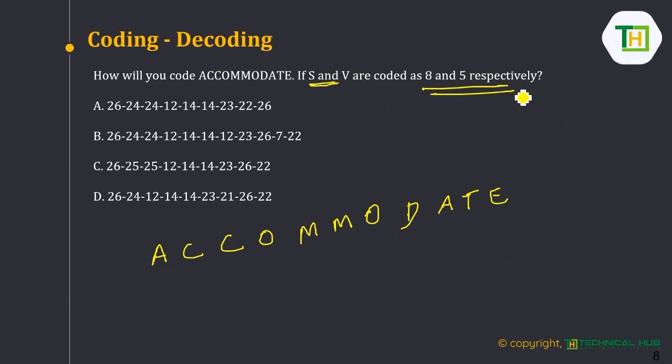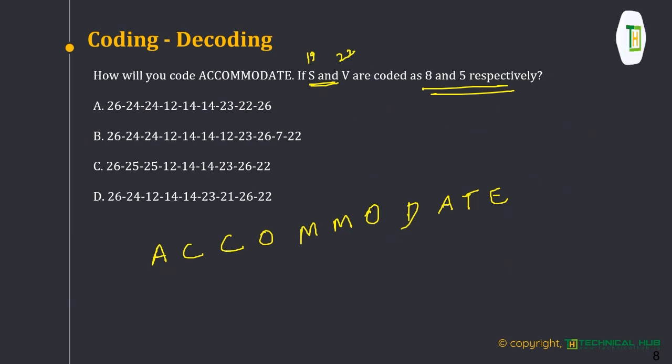Actually, the S value here is 19 and the V value is 22, but here the values are replaced by 8 and 5.